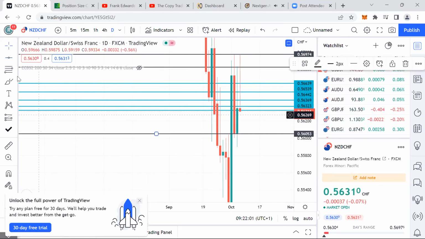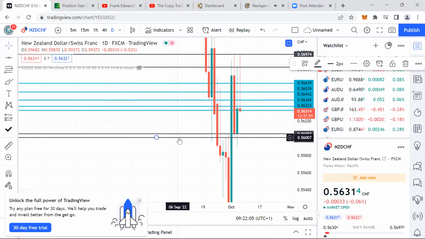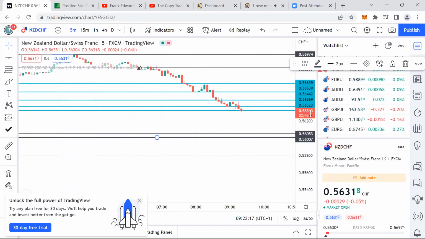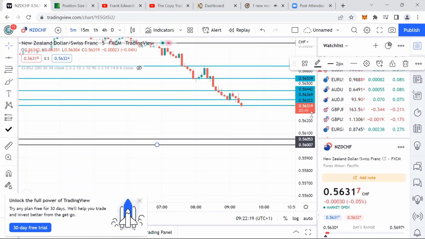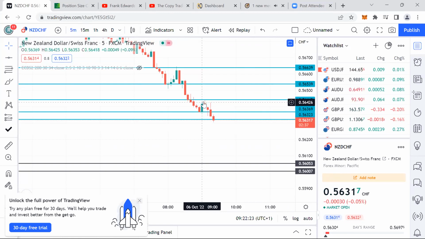Like I said earlier, you can jump in once you see this wide strength. So we'll go down to 5 minutes. We'll enter at 5 minutes. So right now, it pushed up on this zone and it's been dropping.